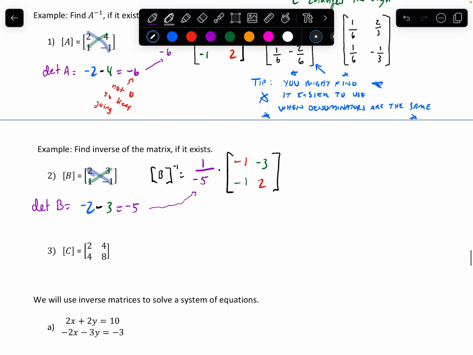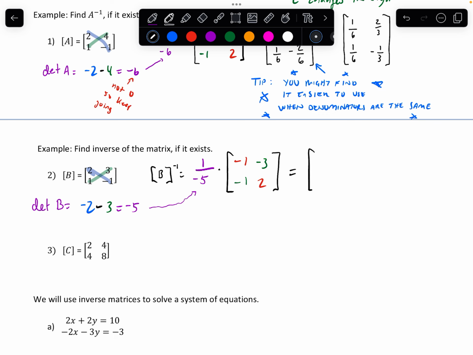And I'll distribute the -1/5. So -1/5 times -1 is +1/5. Same here, just coincidence that it happened both times for those, that first column was the same. And I got +3/5, and then -2/5. And none of those are reducible, so there's my inverse.